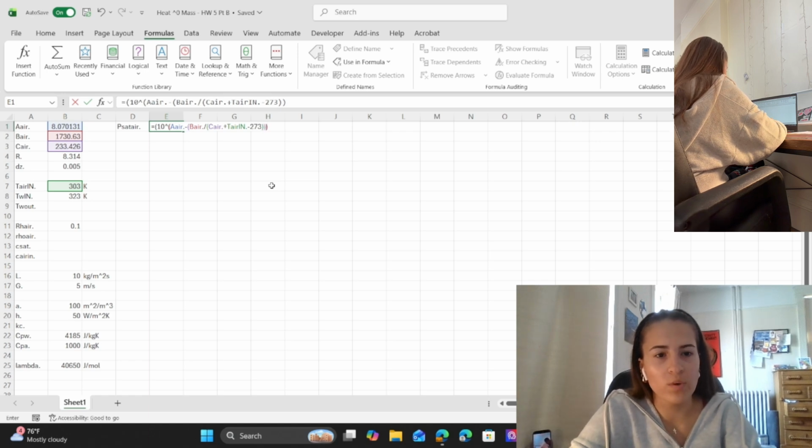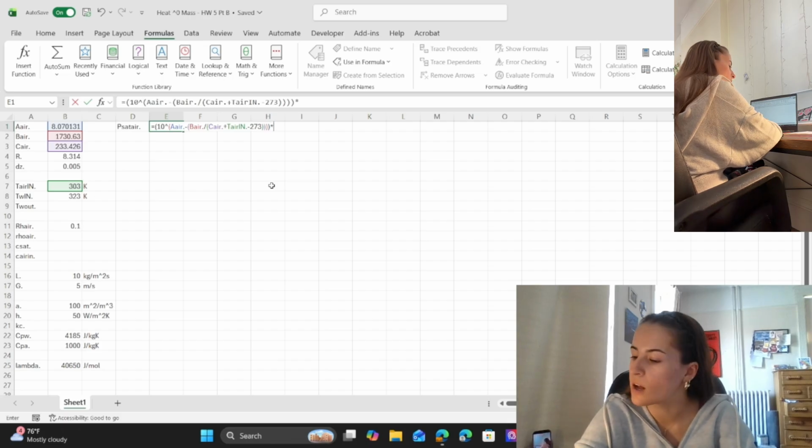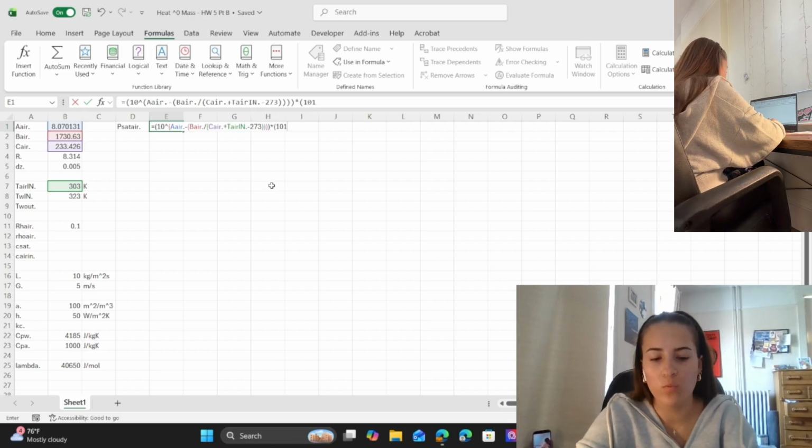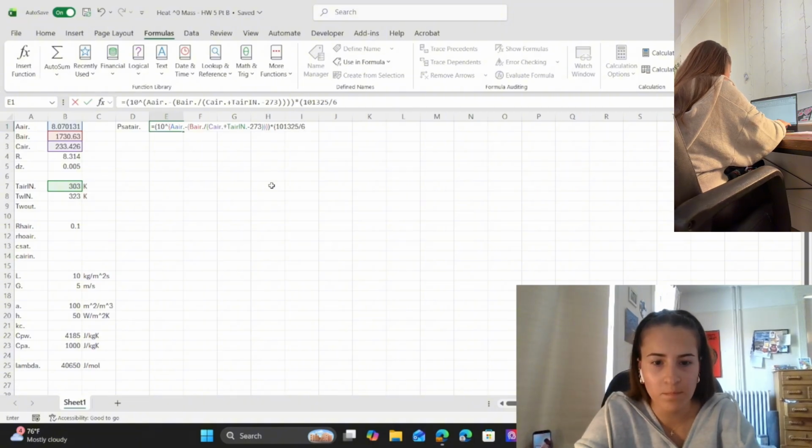So we have this here, and we'll get our value, but then we have to change this into pascals. So we'll do 101,325 divided by 760.